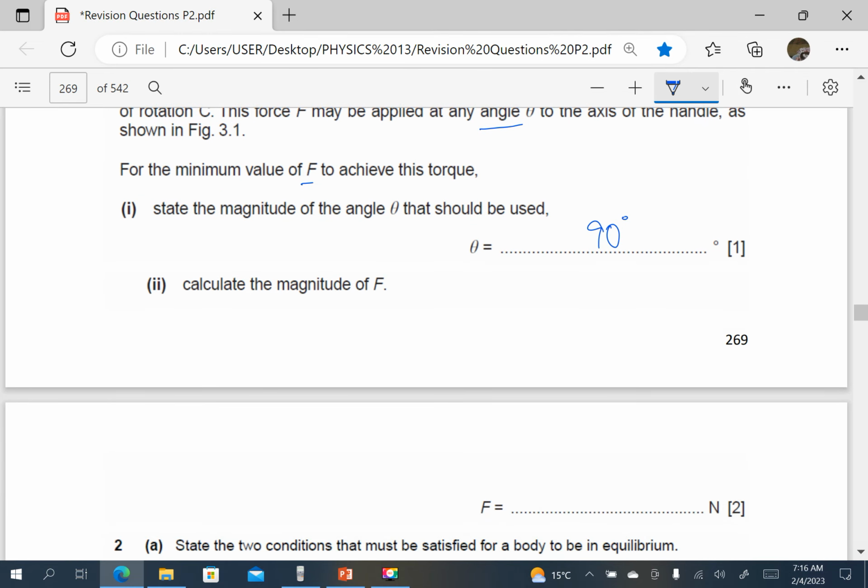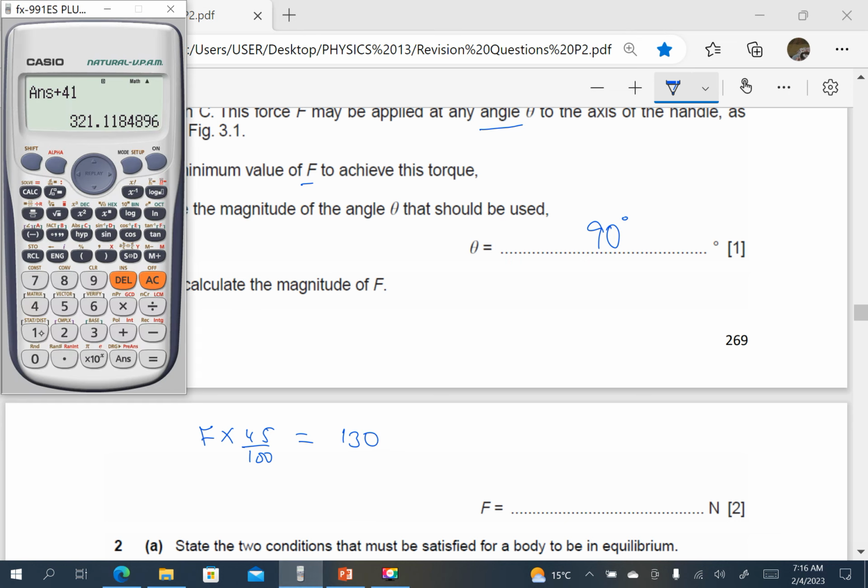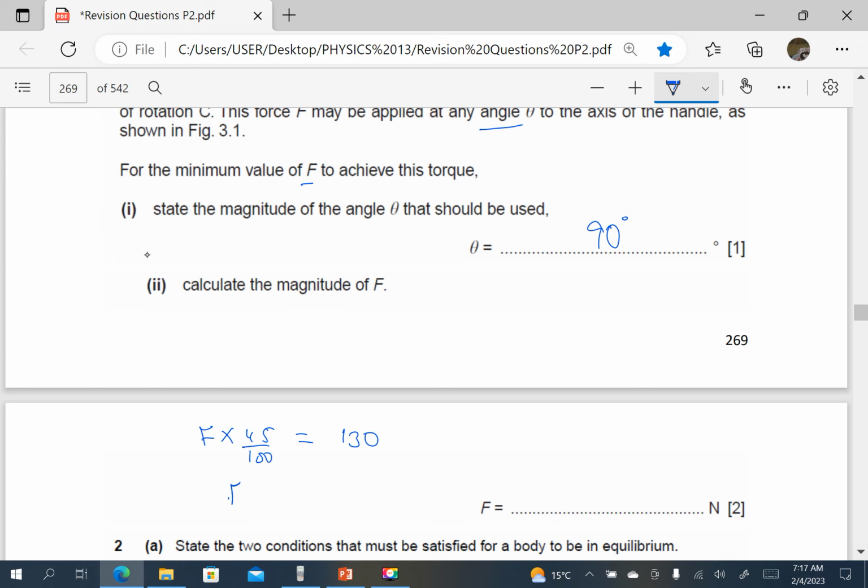So we can simply say F times its perpendicular distance, which is 45 divided by 100 to change it into meters, should give us a torque of 130. So that means 130 times 100 divided by 45. I just divided 45 by 100 to change it from centimeters to meters. So F is equal to 288.8 recurring, which is approximately 290 newtons.